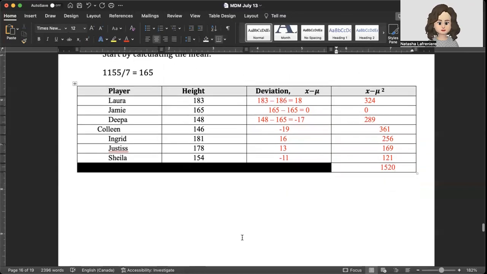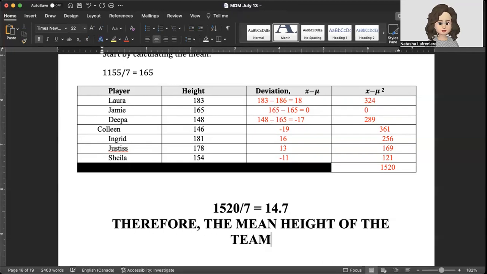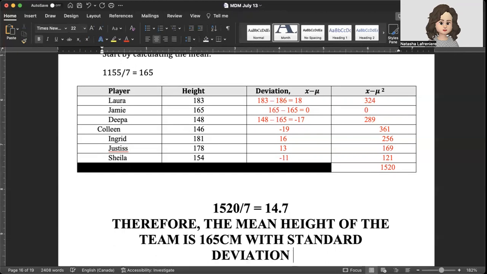To find your standard deviation, you take that 1520 and you divide it by 7, and then take the square root, which means that it is 14.7. So I don't know why this is so big, but the mean height of the team is 165 centimeters, with a standard deviation of 14.7 centimeters.